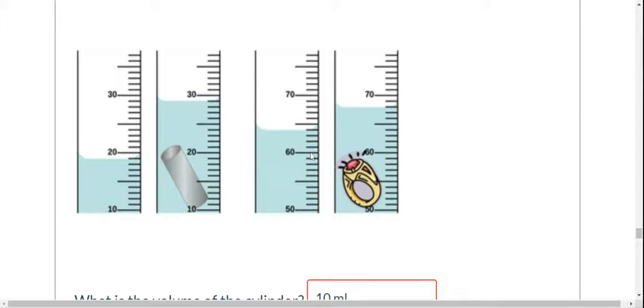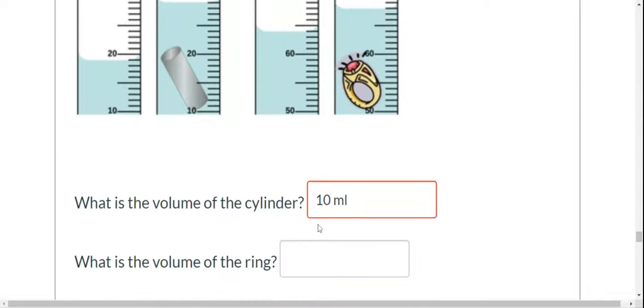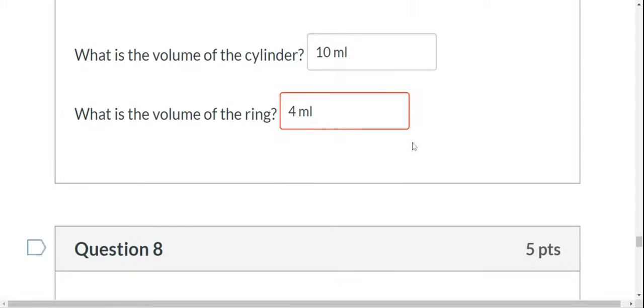On this one, we go from here 60, 61, 62, 63, 64. We put in the ring. We're up to 65, 66, 67, 68. So if we take 68 minus 64, that is 4 milliliters. So the ring is 4 milliliters. That's the volume.